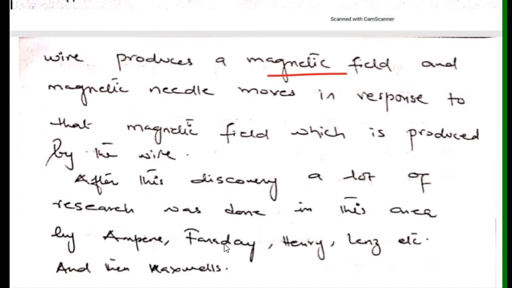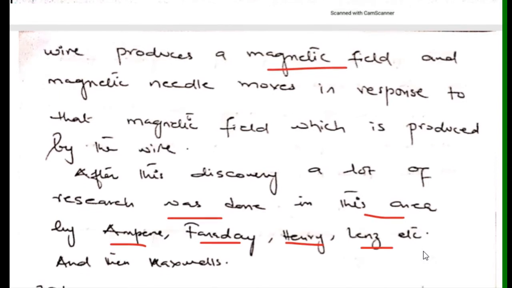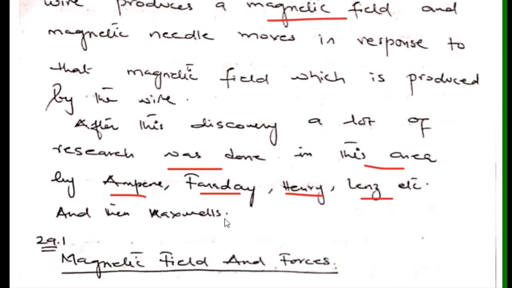After this discovery, a lot of research was done in this area, and the scientists that contributed to electromagnetic theory or fields are Ampere, Faraday, Henry, Lenz, etc. But the most popular of them is Maxwell, and Maxwell gave us four basic equations in which we can relate electricity with magnetism, and these four equations are the base of electromagnetic theory.